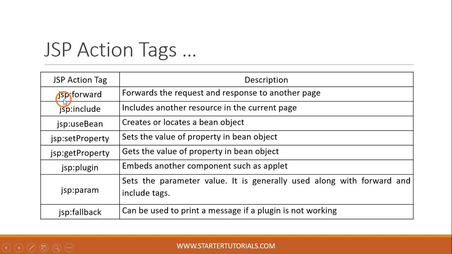First of all, it will begin with jsp, followed by a colon, followed by the tag name, in this case forward. Similarly you have include, useBean, setProperty, getProperty, plugin, param meaning parameter, and fallback. Just pause the video and see what is the use of these tags.